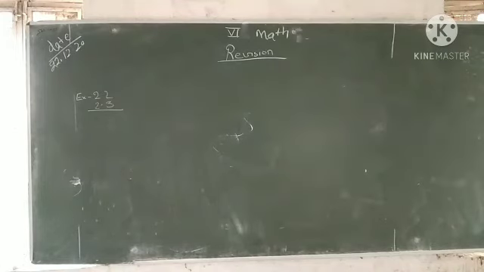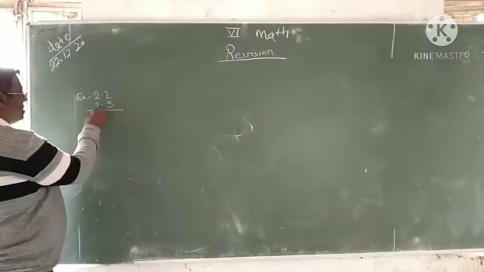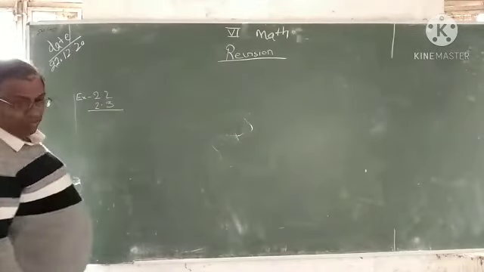If you look in your book on page number 40, it says find the sum by suitable rearrangement, meaning we need to arrange them in such a way that the addition becomes easier for us.